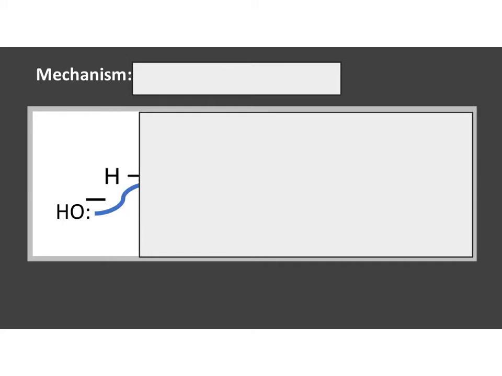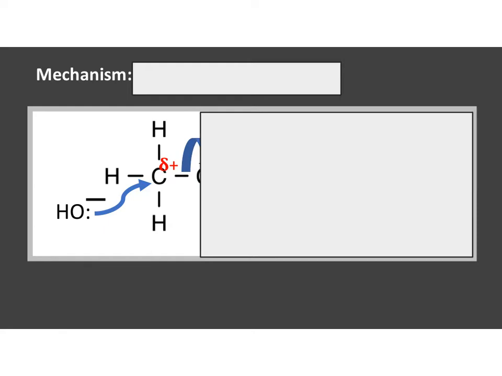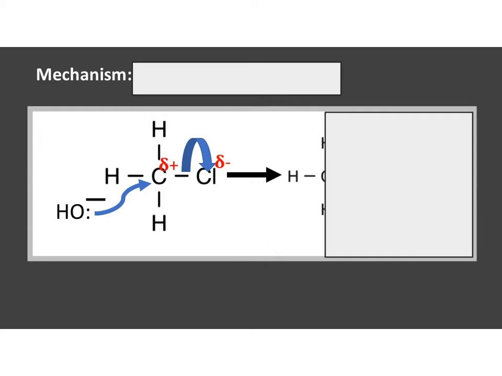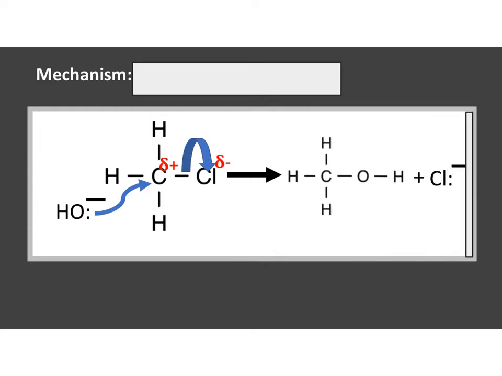We also know that the carbon-chlorine bond is polar because chlorine is more electronegative than carbon, and therefore the hydroxide ion will attack that delta positive carbon to form a new bond between the oxygen and the carbon, and at the same time the carbon-chlorine bond will break to give me my product of methanol and the chloride ion.